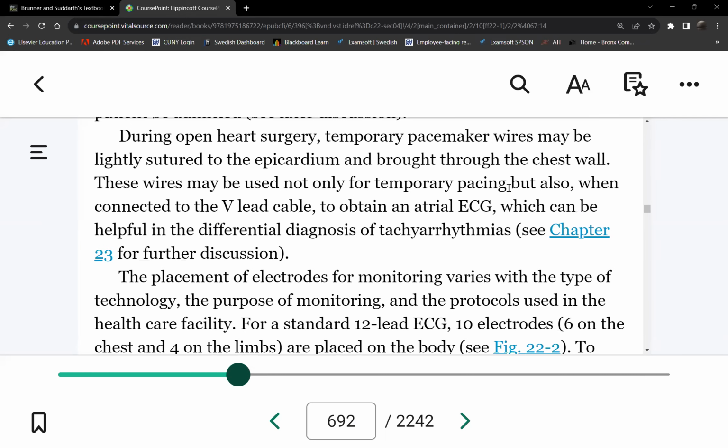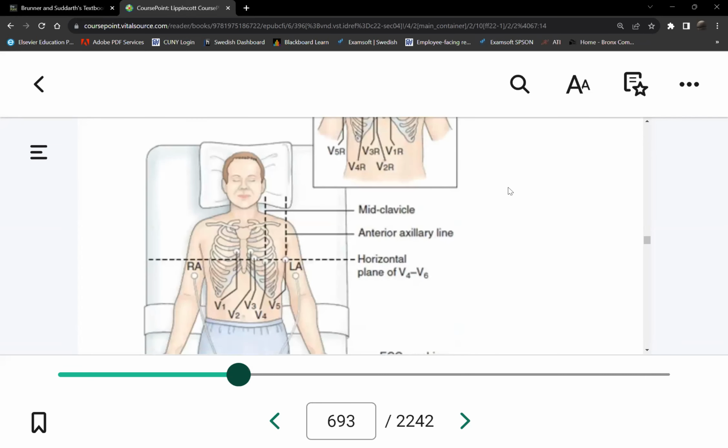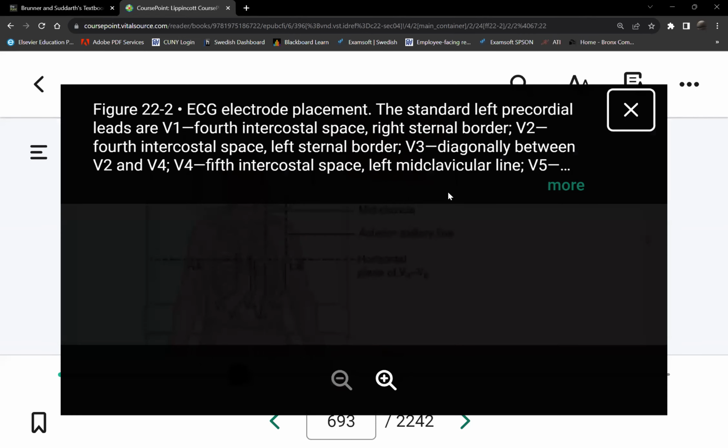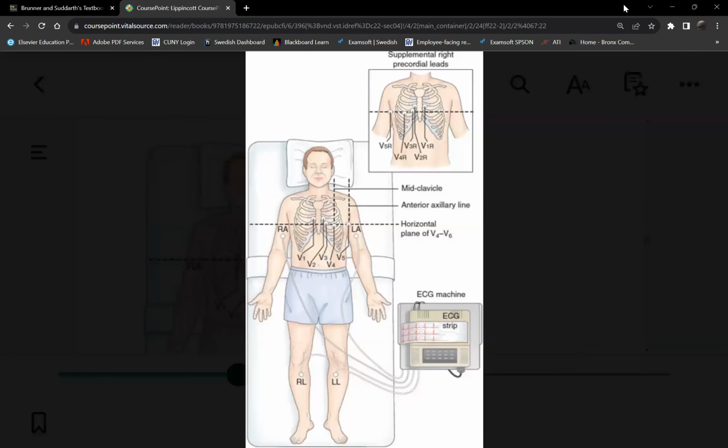This is now the placement of your ECG. Regardless of the brand of ECG equipment you have, they will all have 10 leads. There are 6 chest leads and 4 limb leads: right arm, left arm, left leg, right leg. Again, the right leg is the ground lead. It doesn't contain positive or negative.